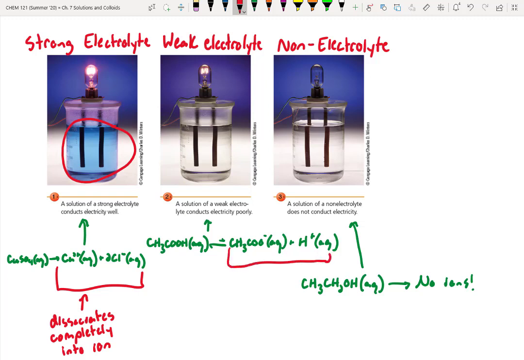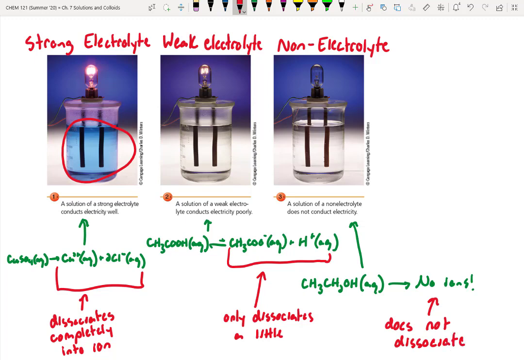Over here, you can see that this one doesn't really form very many ions, so it only dissociates a little. That's why it's a weak electrolyte. And then this one over here does not dissociate at all into ions.